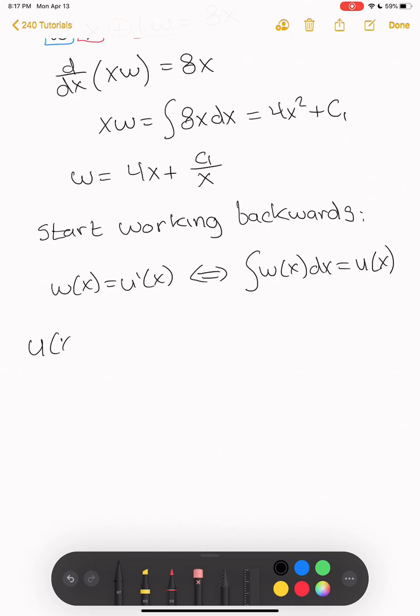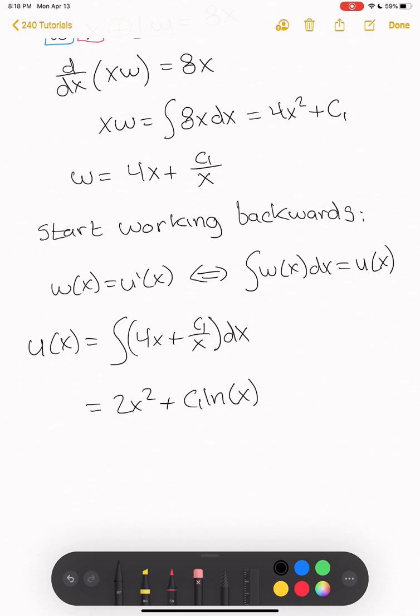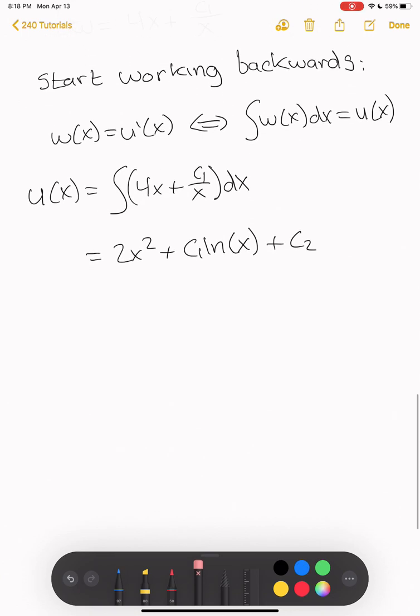So u of x then becomes the integral of 4x plus c1 over x dx, which gives me 2x squared plus c1 times the natural log of x plus c2. Again, please bring this with you. You need the c2.